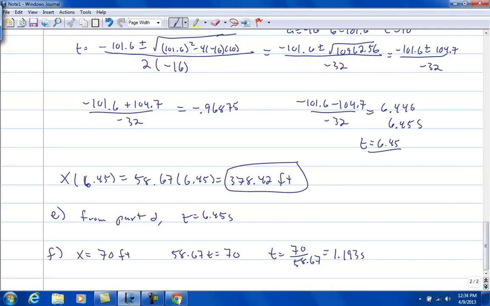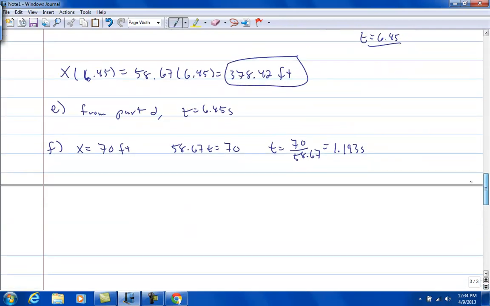So let's see what his height would be at that time. So y of 1.193 seconds is going to be negative 16 times 1.193 squared plus 101.6 times 1.193 plus 10.